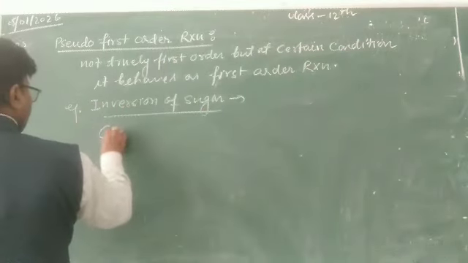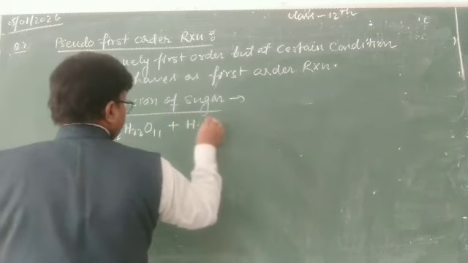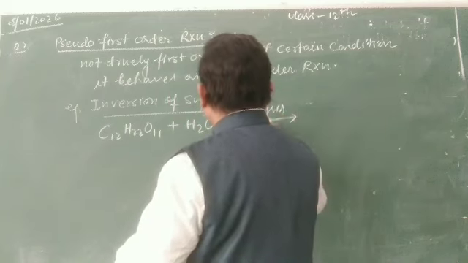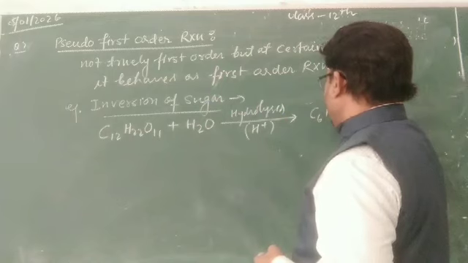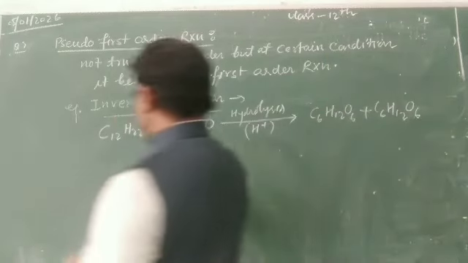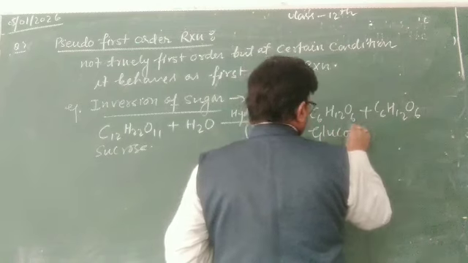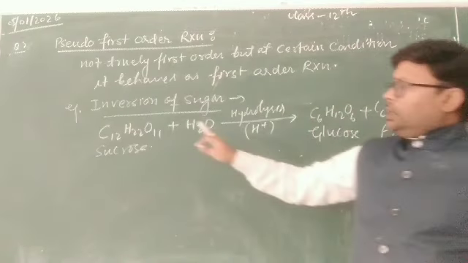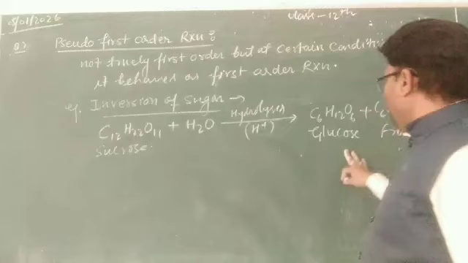That is, C12H22O11, this is sucrose, and it reacts with water, and hydrolysis takes place in the presence of a small amount of H plus acid, and it is converted into C6H12O6, this is glucose, and this is fructose.